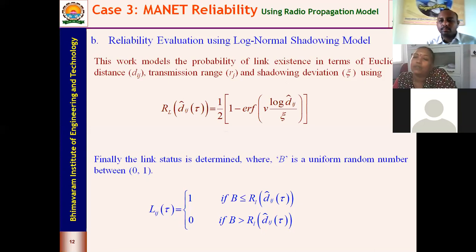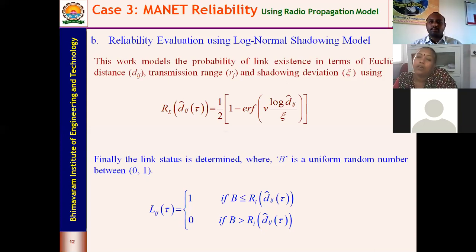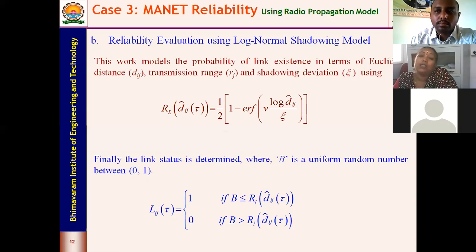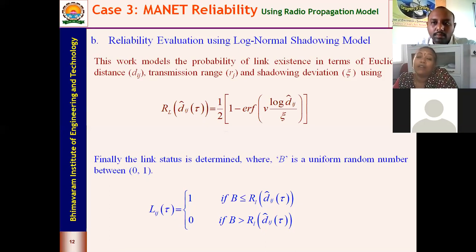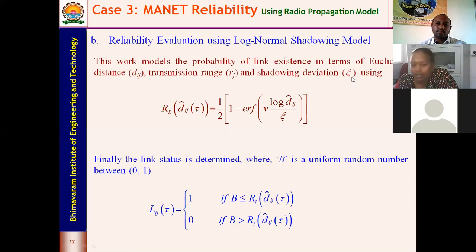When I consider fading models, we have slow fading models as well as fast fading models. The model which I have considered here is the log normal shadowing model. It depends upon the shadowing deviation psi.